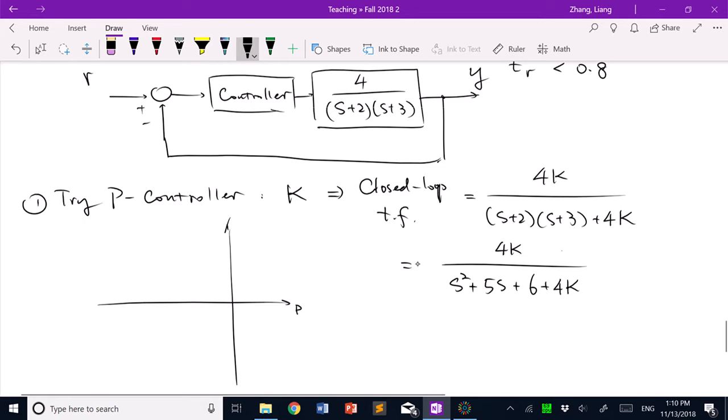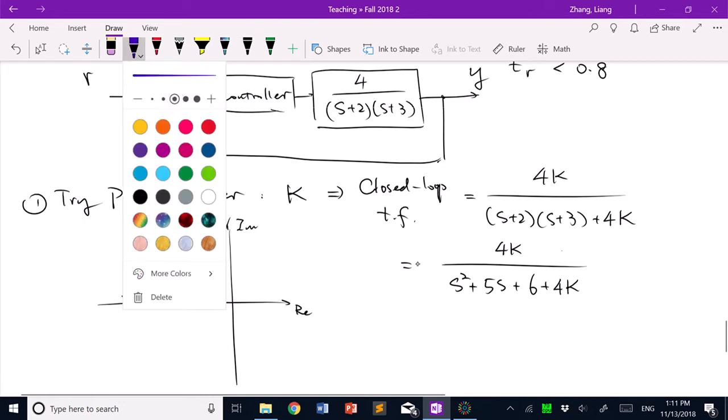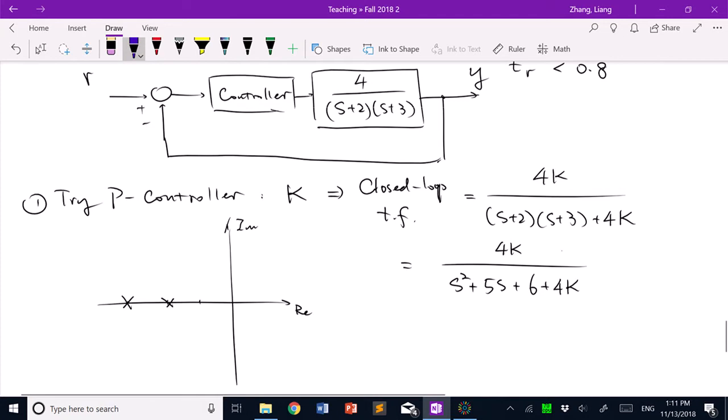So this is the real axis, this is the imaginary axis. You have two poles, at -2 and -3. The section on the real axis will be right here, since on the right hand side of this section you have one pole.